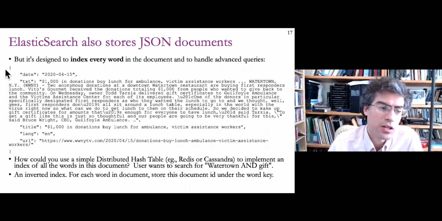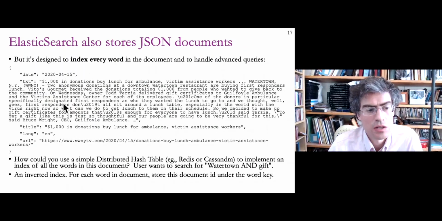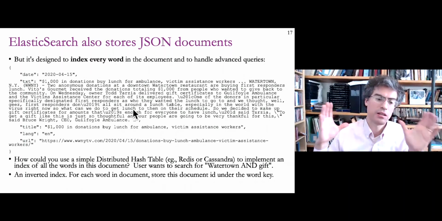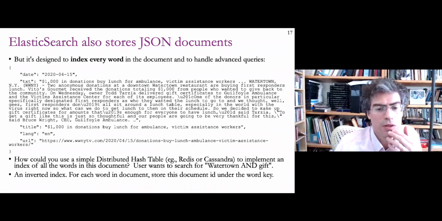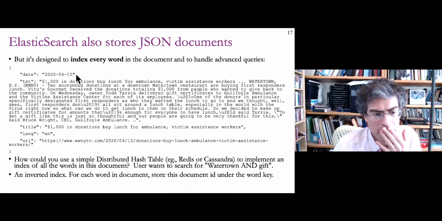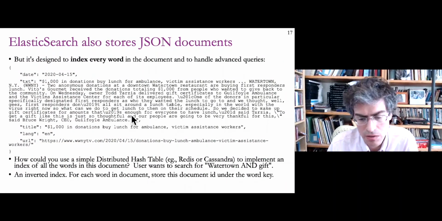So the key donations will not just point to this article, but will point to a list of articles, including this one. So when you add this article, you have to add this article ID, whatever key you have for this article, like let's say the URL. That URL would be listed underneath that list of documents that have the word donations, and same thing for buy and lunch and so on.